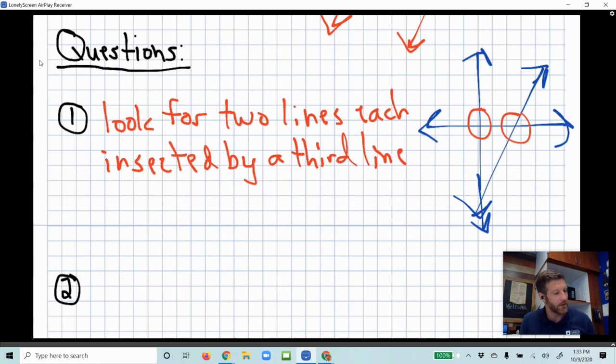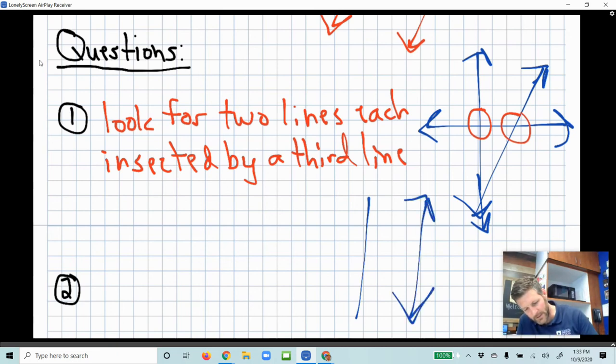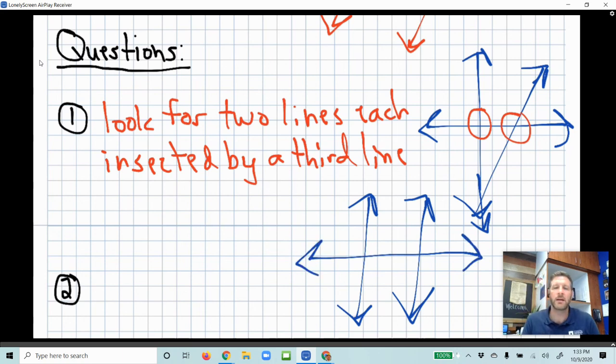Number 2 says, how do you tell the difference between interior and exterior angles? Alrighty, I'm going to go ahead and redraw that, because this is where a lot of kids get confused. Let me make it a little bigger so that it's a little more clear. There's a transversal, two lines that are intersected at 2 different points by a third line. And the key here is the angles between the 2 lines.